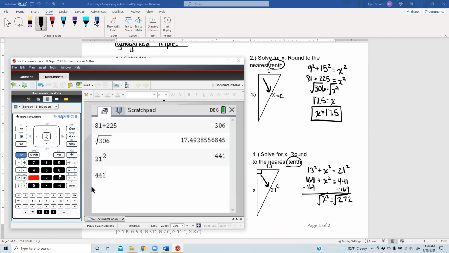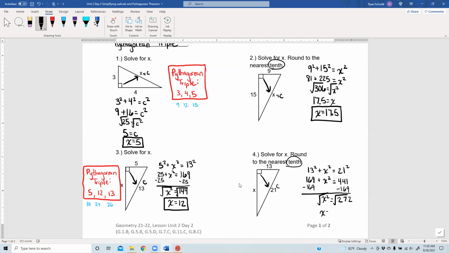So let me just check my math here just to make sure before I square root it. Yep, 272. Now let's square root it. Yeah, nasty decimal. 16.4924225.025. Okay, so 16.5 is this decimal. Again, on this one, it's not a triple. It's got a decimal.